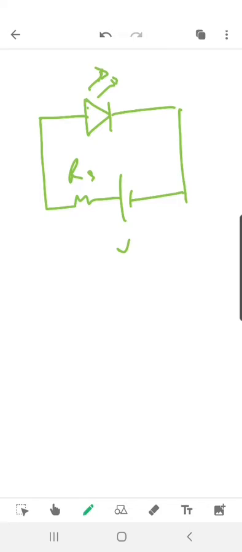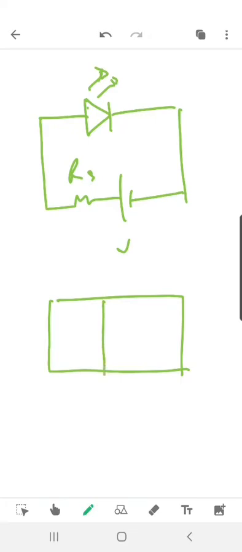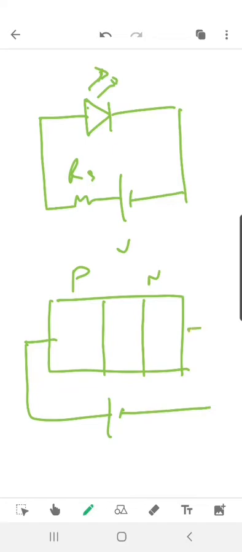It is simply a PN junction. If I draw this diagram, it is simply a PN junction: P-type semiconductor made from gallium arsenide, N-type semiconductor made from gallium arsenide. There will be this depletion region. When it is forward biased, P is connected to the positive terminal of the battery and N to the negative terminal.